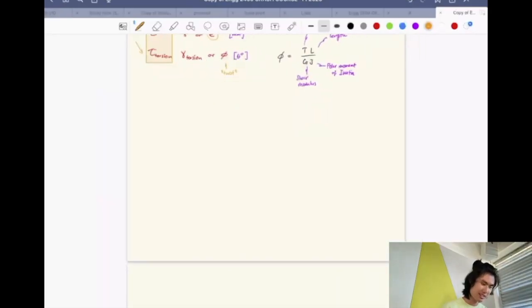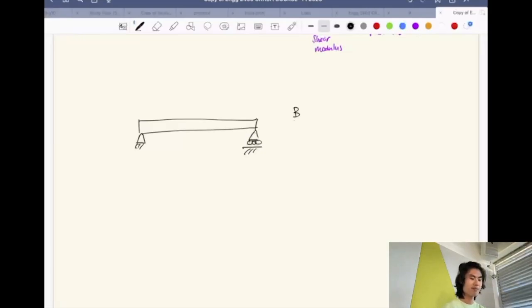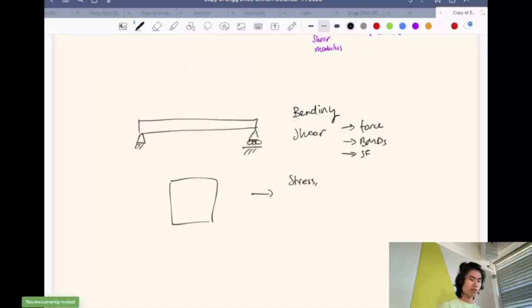Here's the kind of thing. Let's just draw a simple beam. A lot of the bending and shear will be on this kind of view, and this includes force, BMDs, SFDs.